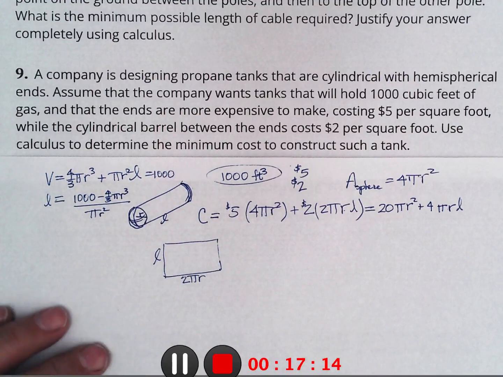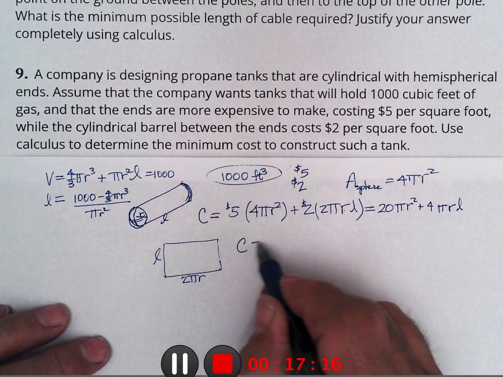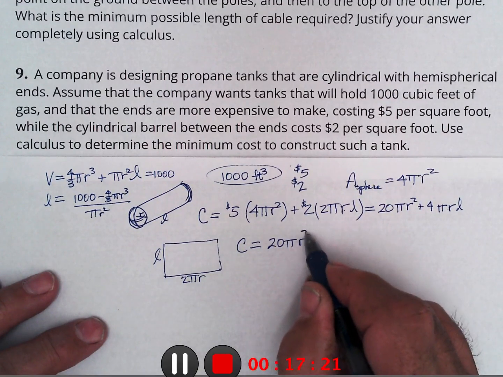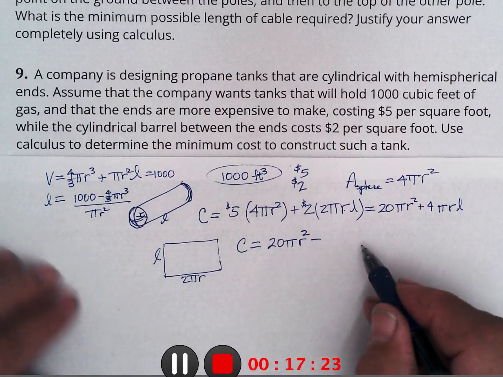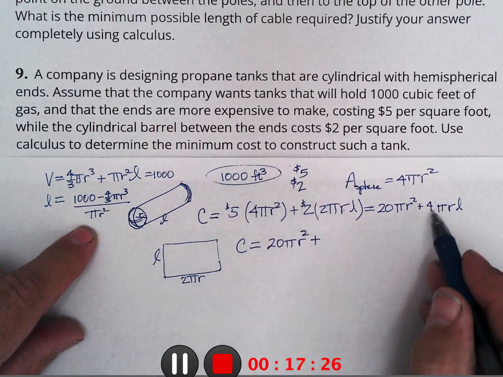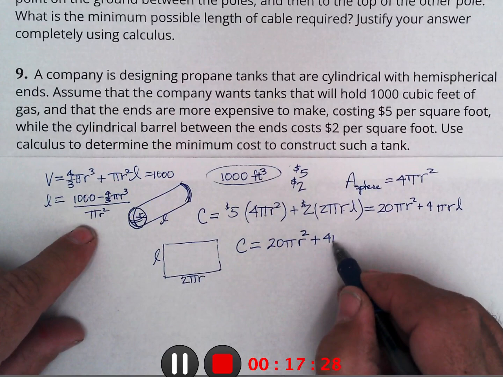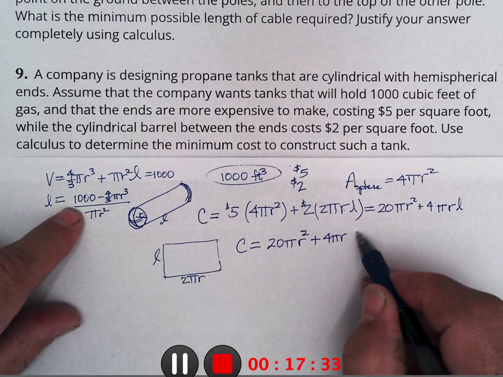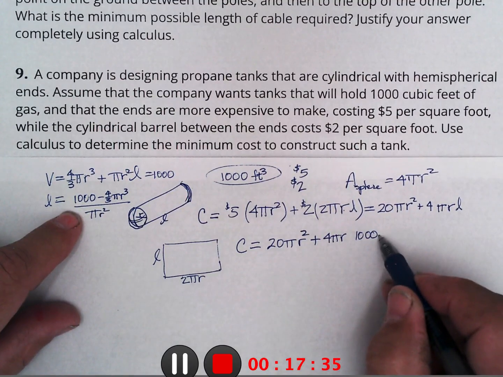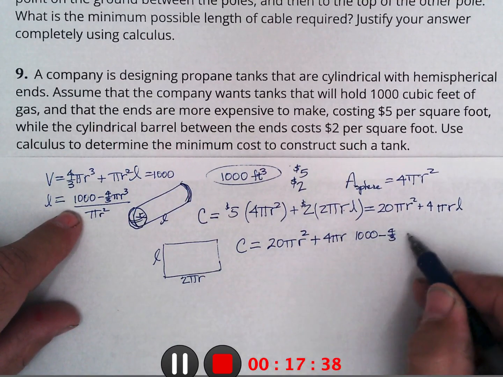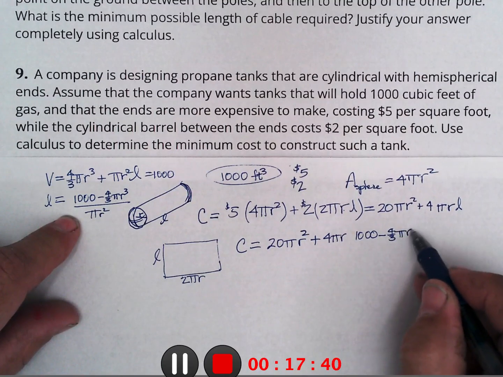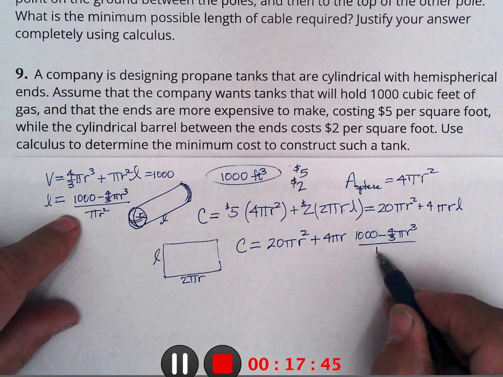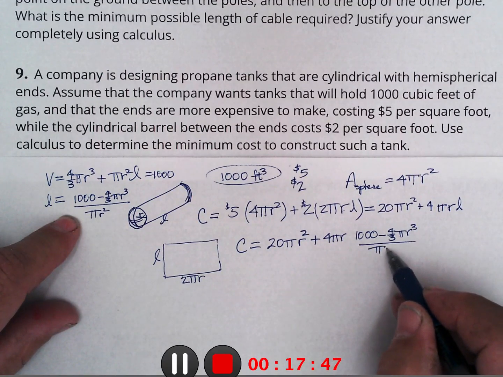So my cost is going to be 20 pi r squared plus 4 pi r times L, which is 1,000 minus 4/3 pi r cubed divided by pi r squared.